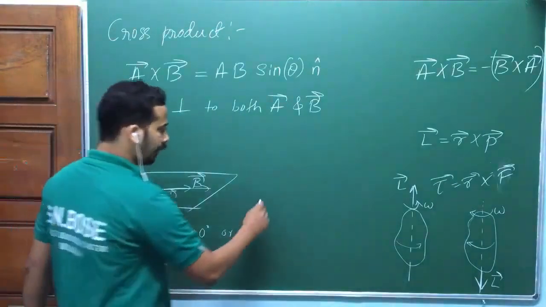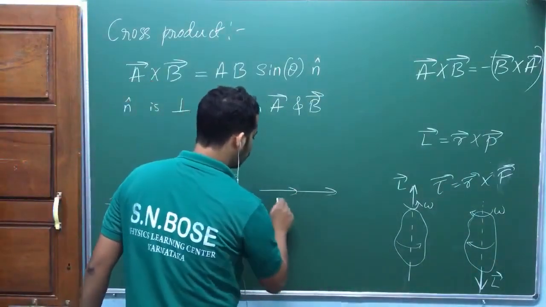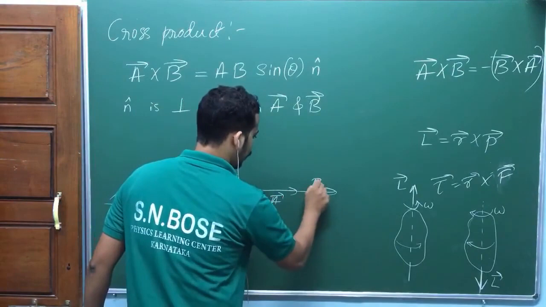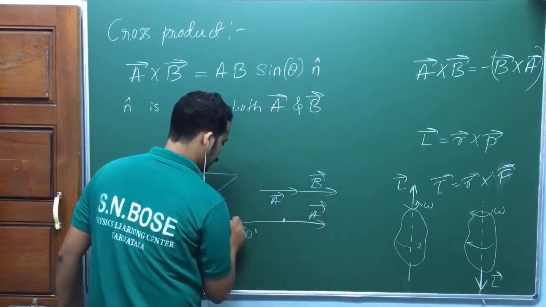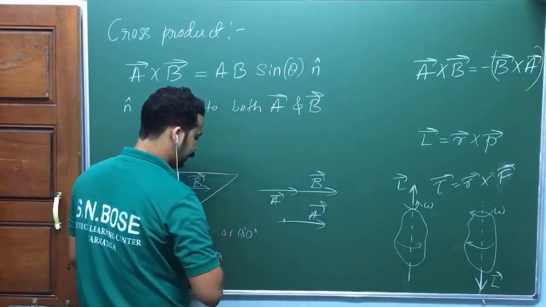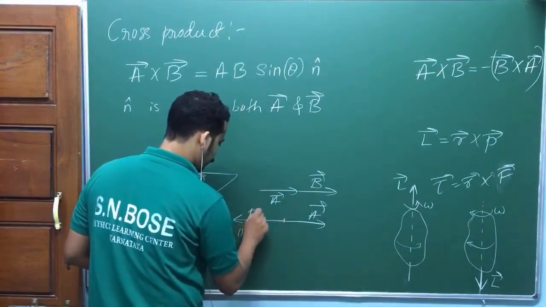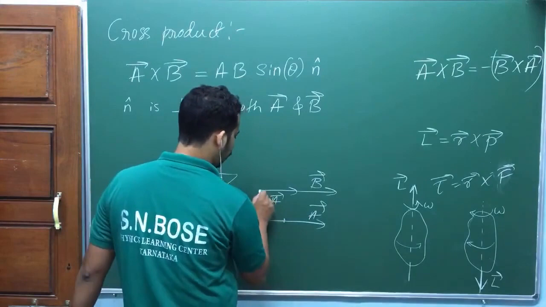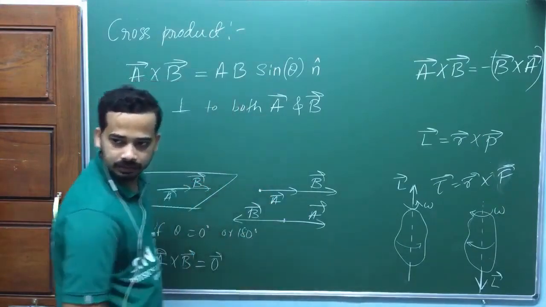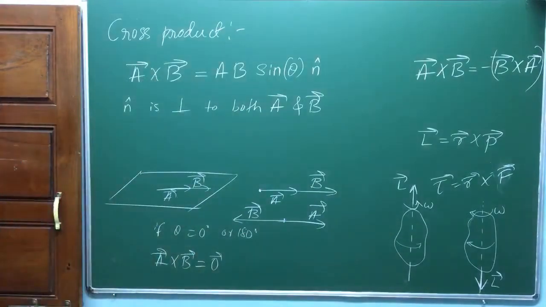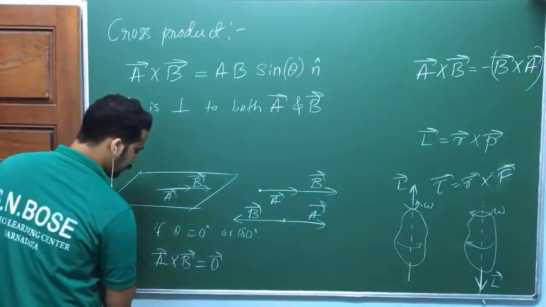If vectors are collinear like this, A here, B here, or A here, B here, so theta equal to 0, theta equal to 180 degree here. In that case, cross product vanishes. Is that okay?